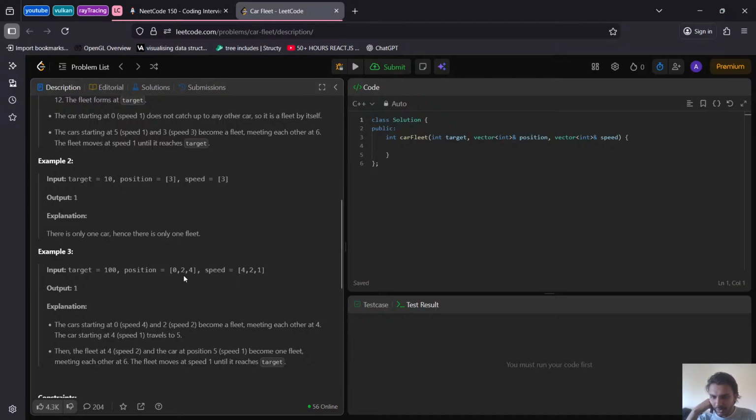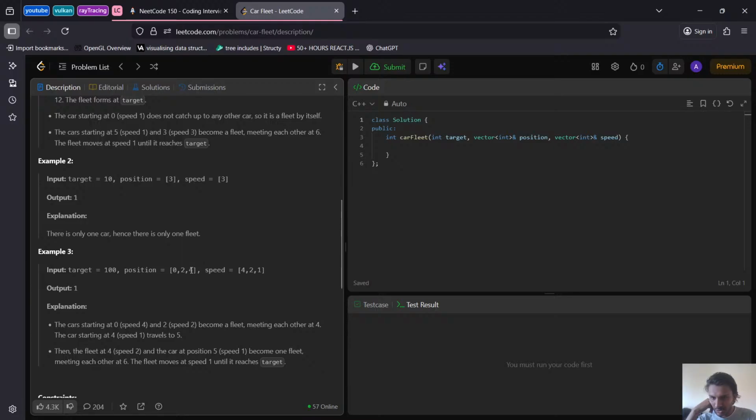For the speed 2 car, it goes 2, 4. Then the first position will be 4, and the second position also will be 4, so both are the same. They will become a fleet.